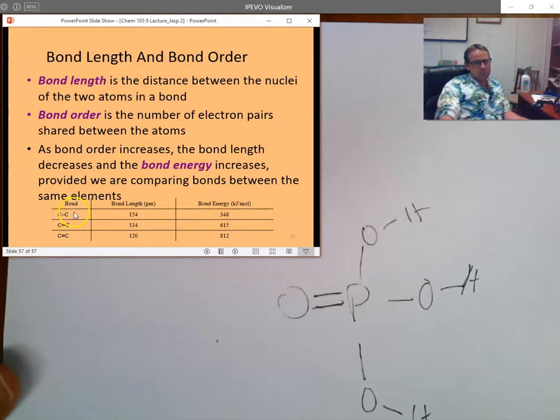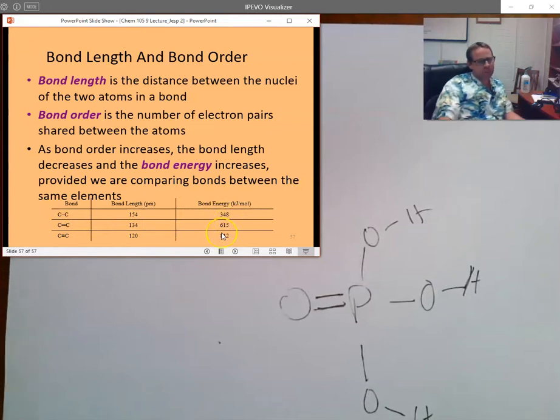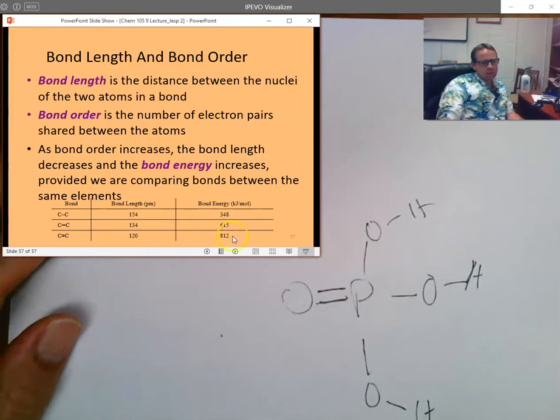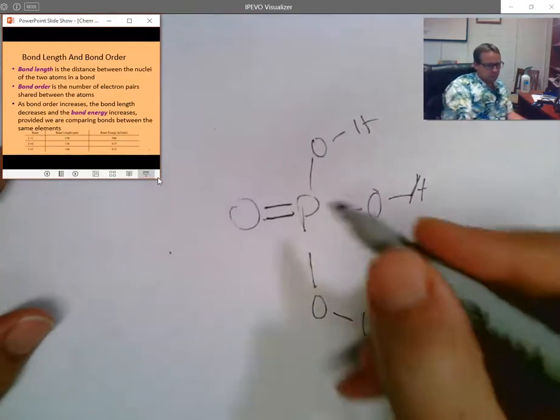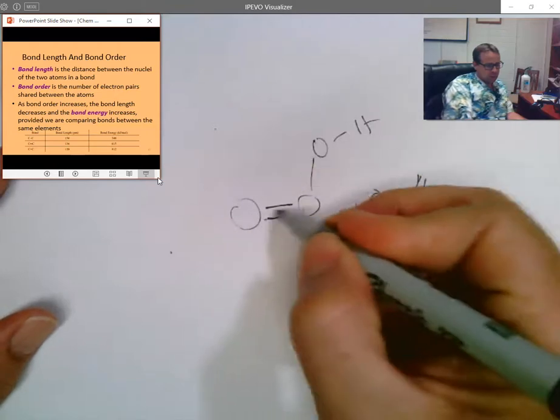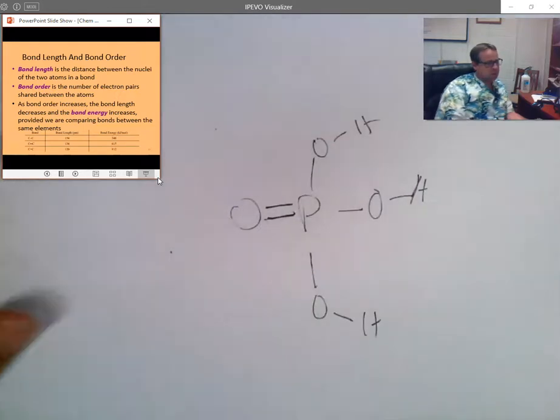A single bond, there's some energy, but you add another bond, and now there's more energy required to break that bond, okay? So, with that information, what do you think, Taewon, which one of these bonds is harder to break? The oxygen-phosphorus single bond or the oxygen-phosphorus double bond?